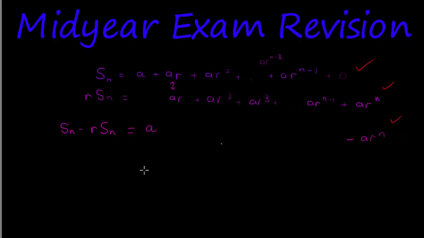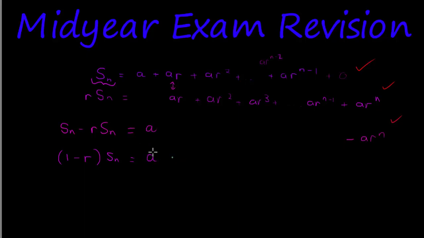On the left hand side, because remember I want an expression for Sn, I take out Sn as a common factor. Sn, the sum of n terms. And on the right hand side, I take a out as a common factor.